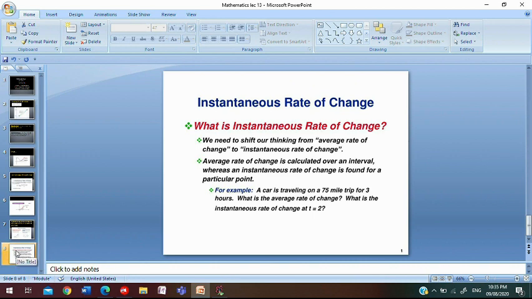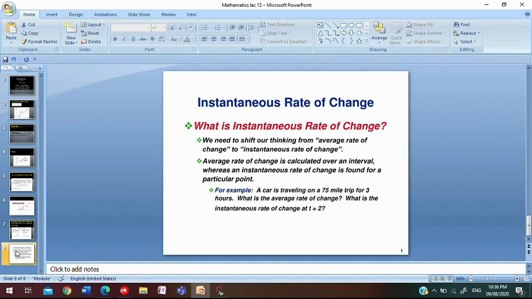When I start the derivative of the function, I will explain instantaneous rate of change further, which is the main concept used in finding the derivative of any function. So don't confuse these two concepts. These are the basics of your derivative. The actual topic we will start in our next lecture, inshallah.